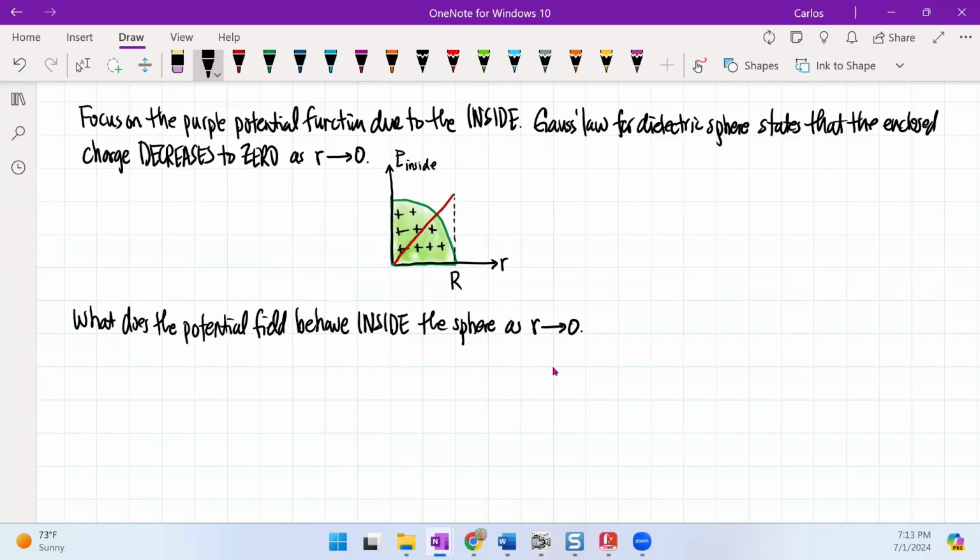So if I look at only the inside, then I could say here is the limit as r goes to 0 of the potential term for the inside, which is equal to the limit of all of the purple stuff.